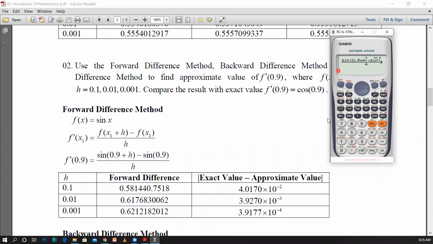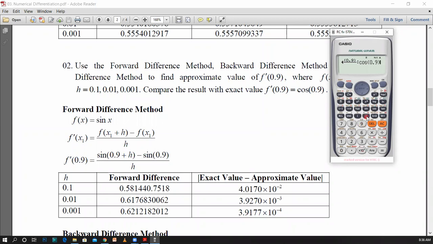And then next you are asked to obtain the exact value also. Therefore, we can use another function, and the exact value we are getting is cosine 0.9.